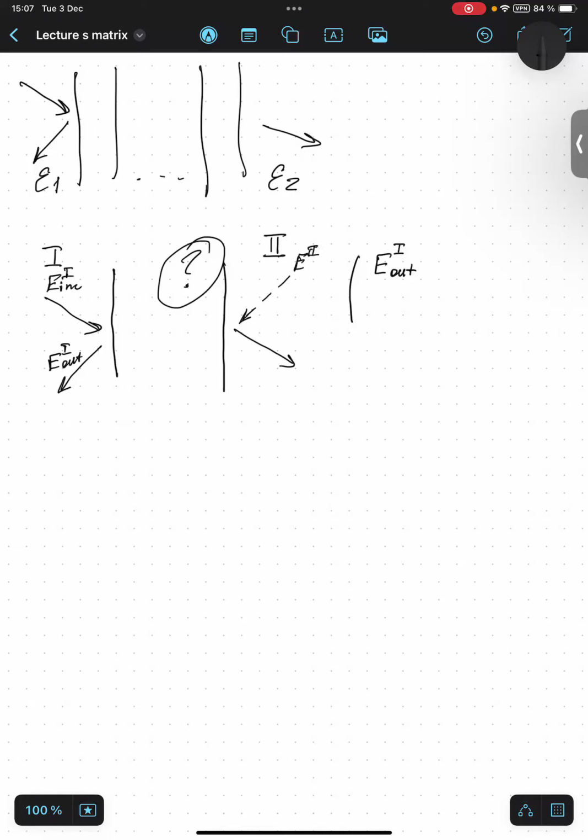Two. And outgoing. So basically we can write such a system. Outgoing fields are equal to some matrix, which is called S matrix, and incoming fields.